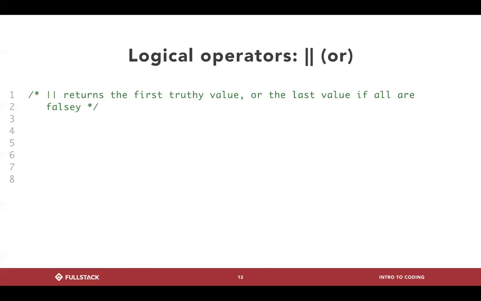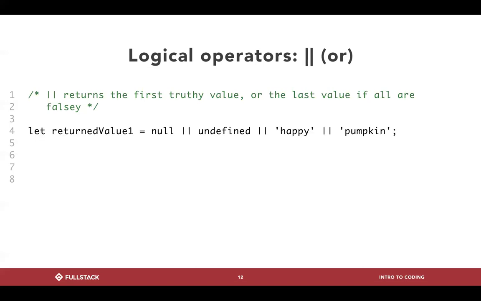If any one of them is true, the whole thing's true. But in this case, we have return value, null, undefined, happy, pumpkin. So null and undefined, those are falsy. So it goes false, false, and then it hits that happy, and it says, wait, this is a truthy value. Return that immediately, right? So now return value is happy.